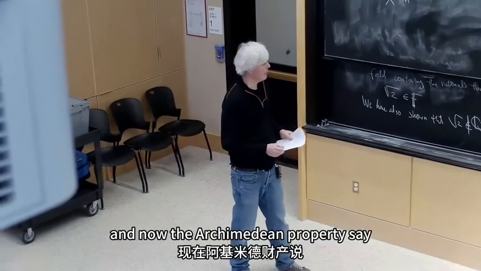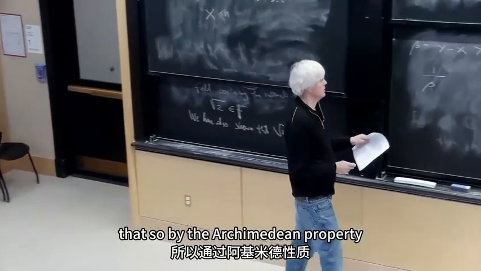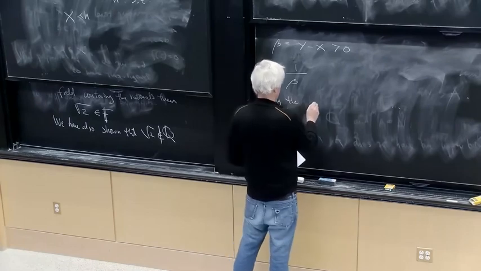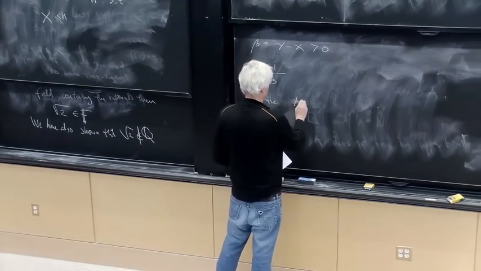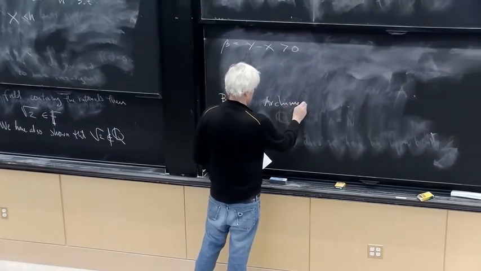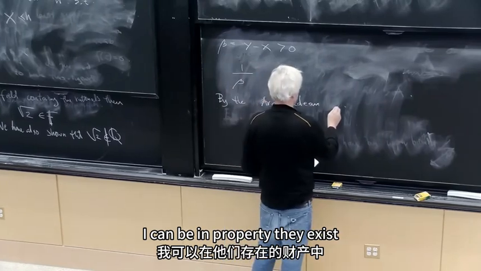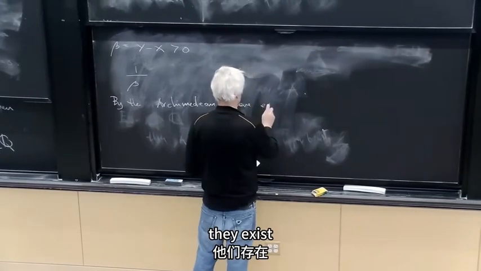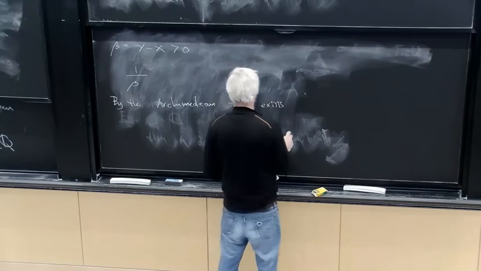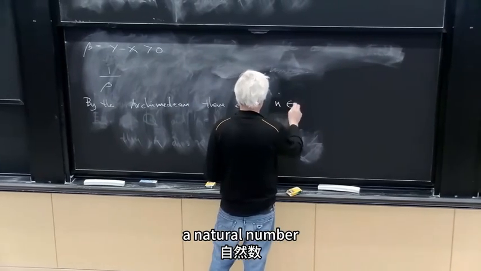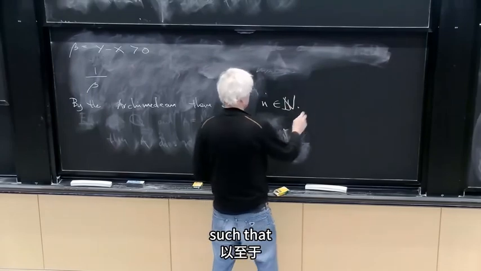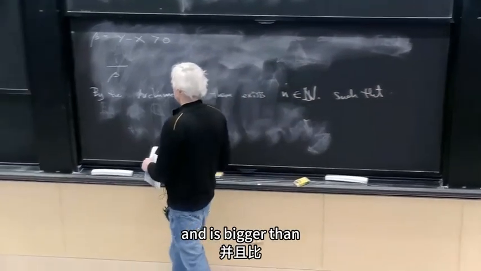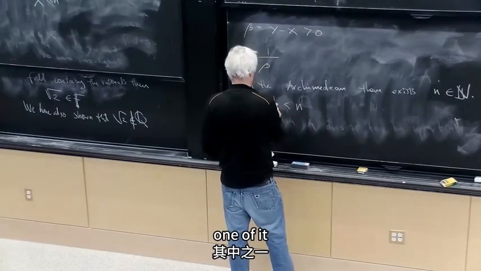Now the Archimedean property says that there exists n, a natural number, such that n is bigger than 1 over beta.